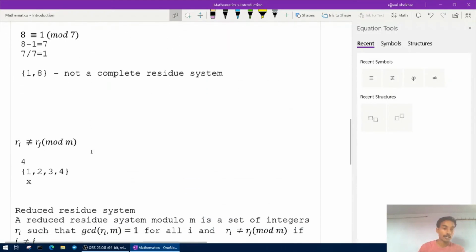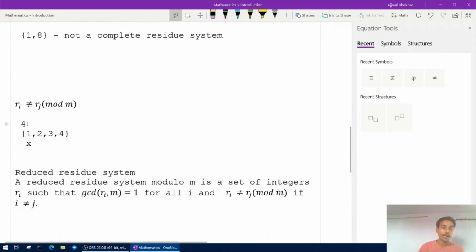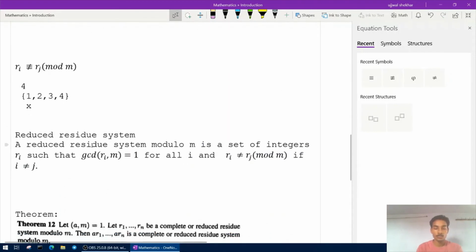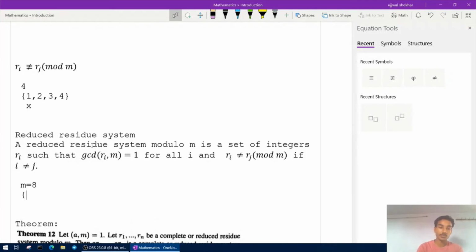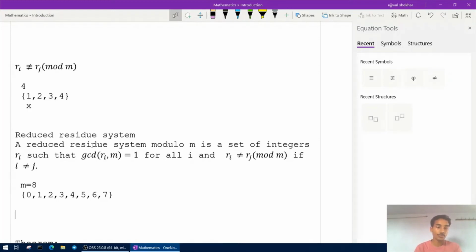Let's say from m equals 8 only, we have complete residue system as 0, 1, 2, 3, 4, 5, 6, 7. So from this we have to remove all those integers which are not prime to 8.